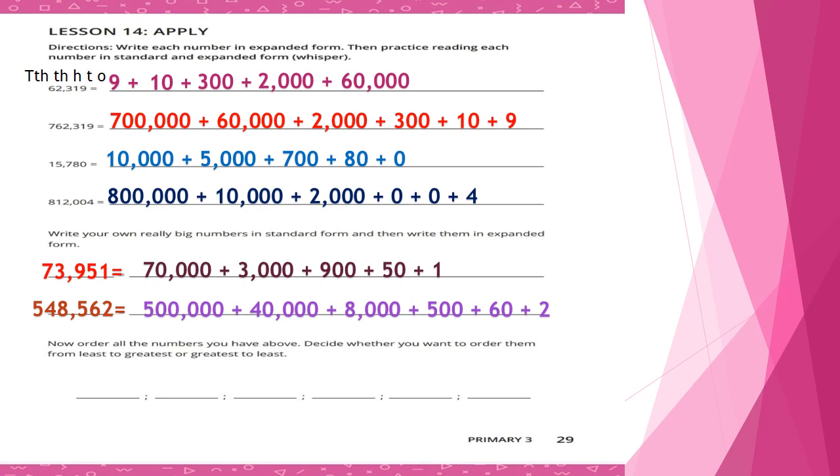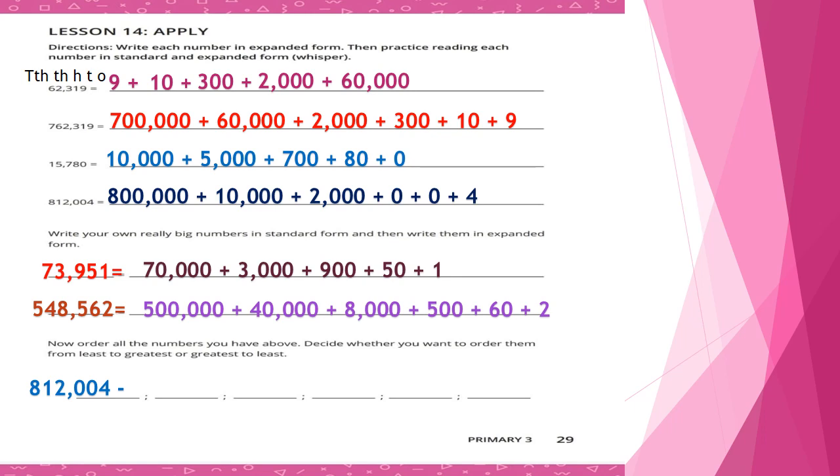Okay, now he wants me to order the previous numbers, or all the numbers above, from the least to the greatest, or from the greatest to the least, as you want. Our greatest number, 812,004.